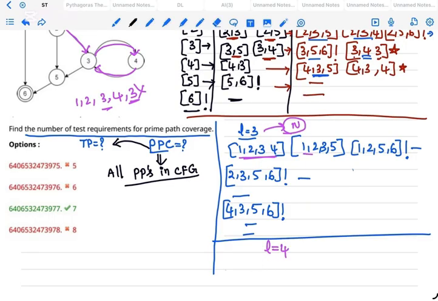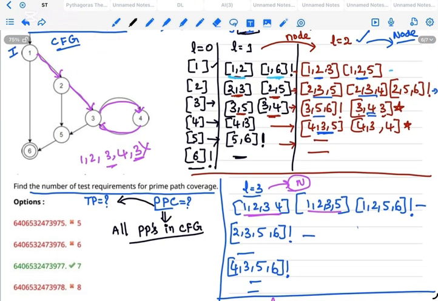So 1 2 3 5, we will check. 1 2, 2 3, 3 5, this one, not this one. 1 2, 2 3, 3 5, 5 6 is there, right? 5 6 is possible.